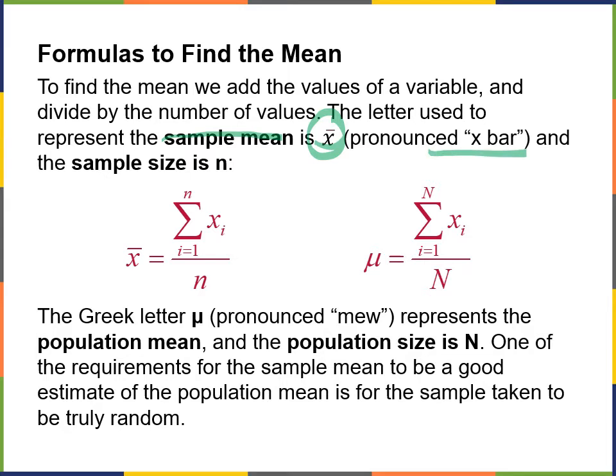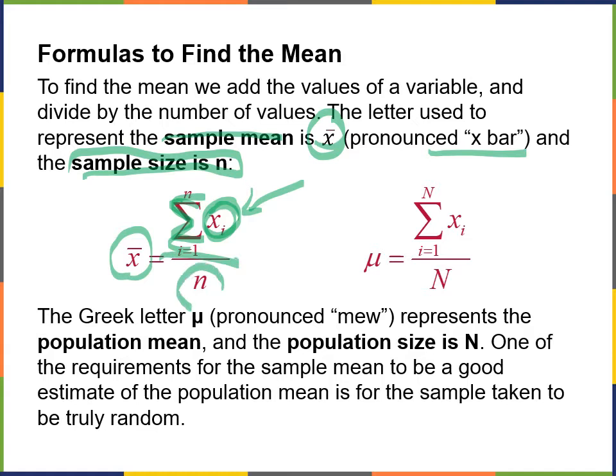If n represents the size of the sample, how many data values are in the sample, to calculate the sample mean, what we want to do is add all our X's together. That stands for our data values, okay? So we're going to add all our data values together and then divide by the total number of values in our sample, okay? Which is your typical way you would calculate an average, right? Add everything up, divide by the total number. And that's all this is telling us to do.